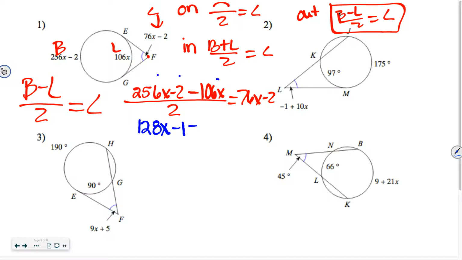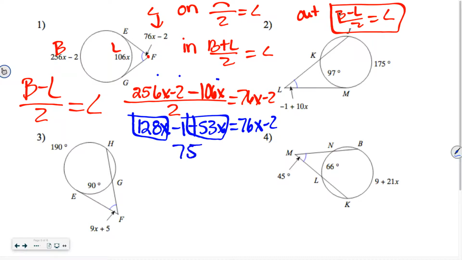Minus, and then 106 divided by 2 is 53x, equals 76x minus 2. Now I'm going to combine my like terms, so 128 minus 53x is 75x minus 1 equals 76x minus 2.